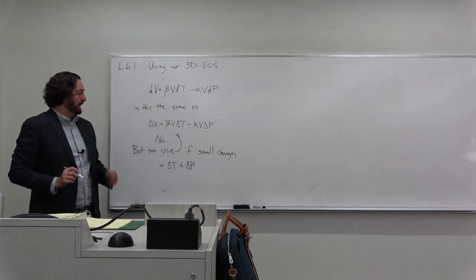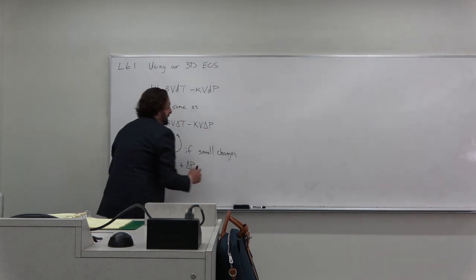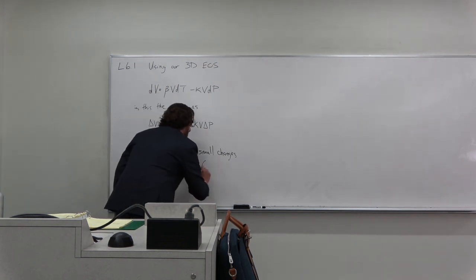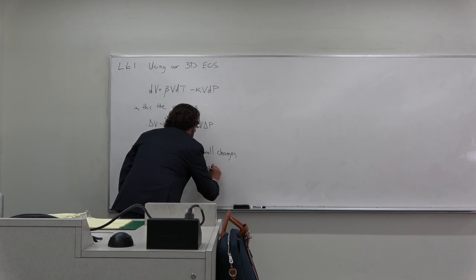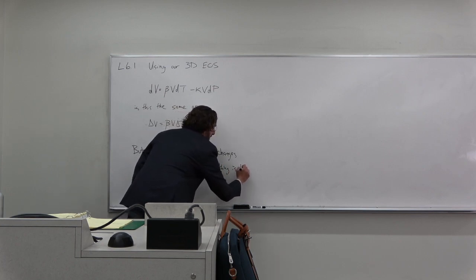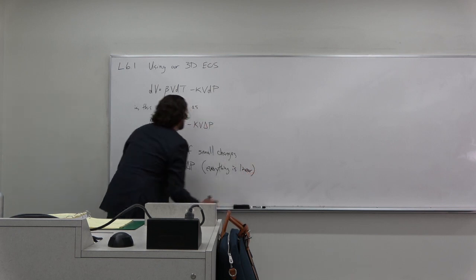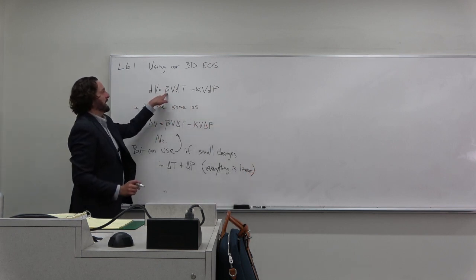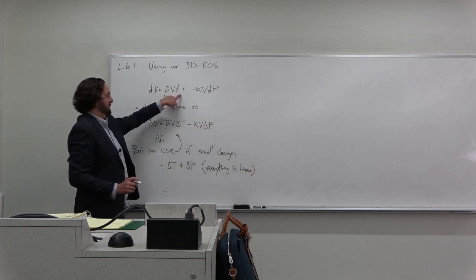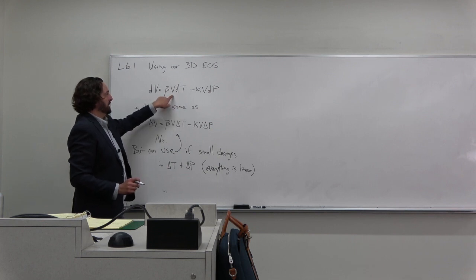Part of what we mean by small changes is that everything is linear. Beta didn't depend on T, so I could remove it from the integral. V didn't depend on T, so I could remove it from the integral.